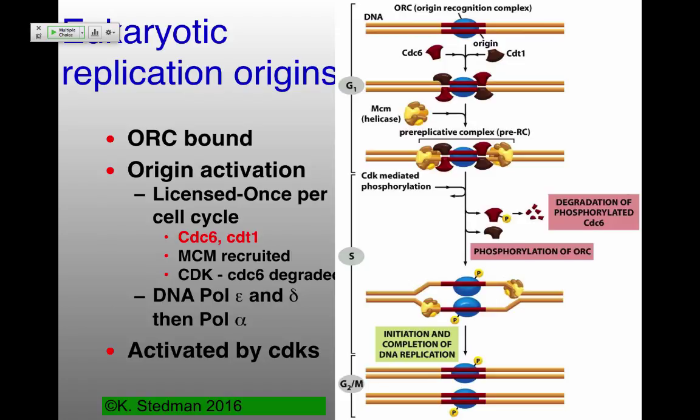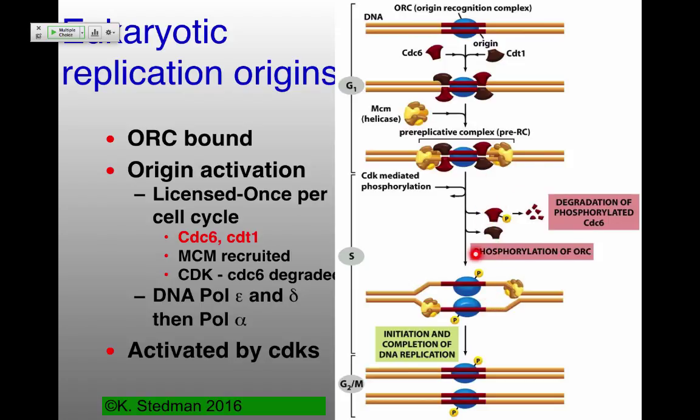So MCM, CDC, those all come together and sit on an origin and wait until S phase starts. So you've got your helicase there, it just hasn't been activated yet. How does that activation take place? You have the cell cycle. Cell cycle, lots of different things, but as far as we're concerned, it's all about the kinases. So you have a cyclin-dependent kinase, which will phosphorylate this CDC6.